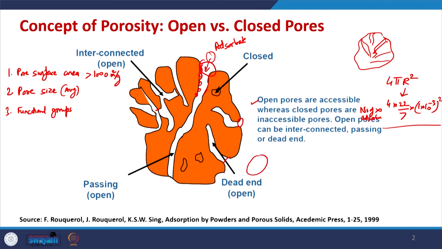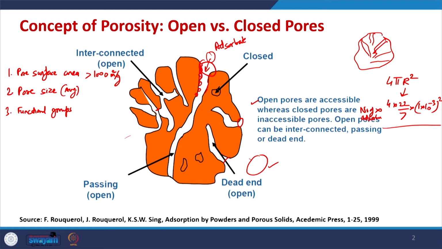Despite the adsorbent having a lot of pores, this molecule cannot go inside any of the pores. That means this adsorbent will have very little capacity for adsorption of this particular adsorbate, which may not get inside the adsorbent.